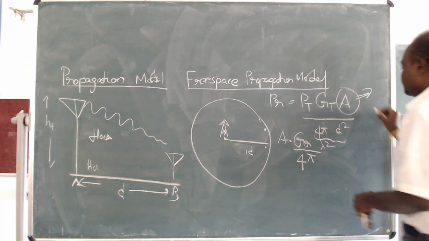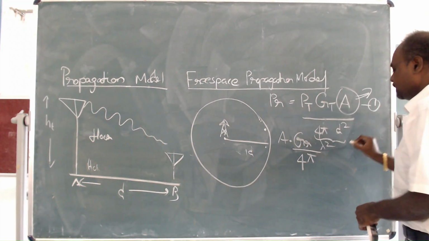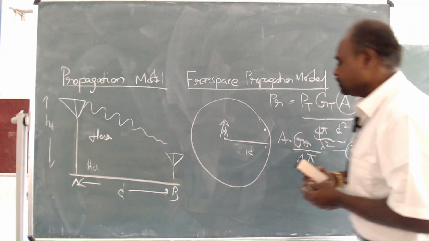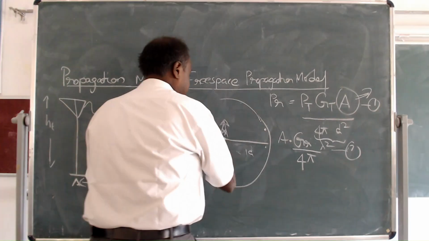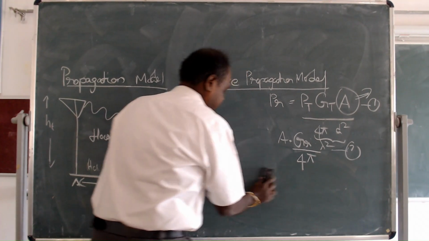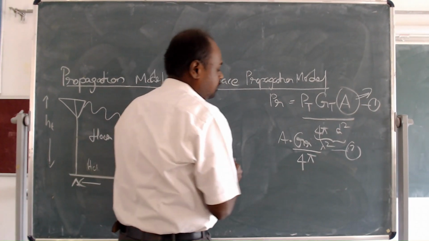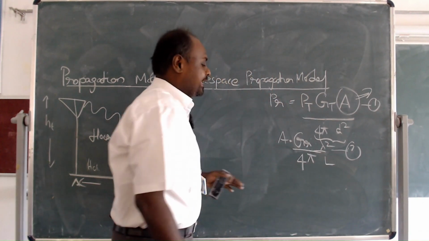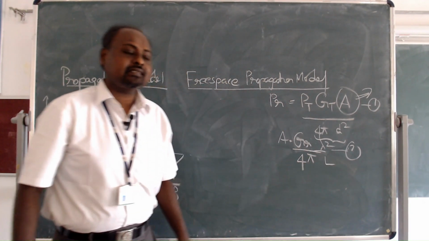Now this is considered as equation 1, and this is equation 2. Substitute equation 2 in 1, and your equation becomes, one more thing, into L. Here L represents system loss.